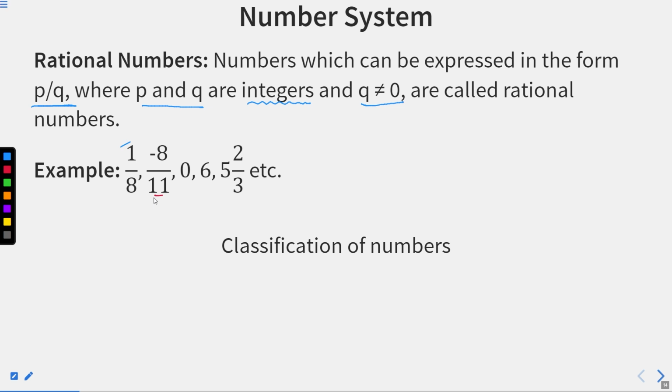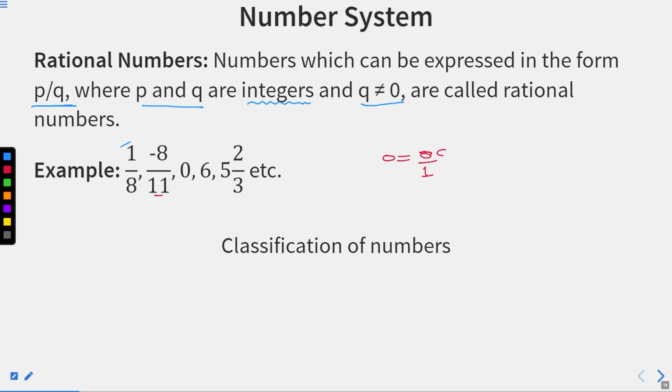Is 0 a rational number? Let's see. 0 will be a rational number if it can be written in the form of P upon Q. But here I am unable to see any Q. But let's see, my friend. We have 0 upon 1. I can write 0 as 0 upon 1.